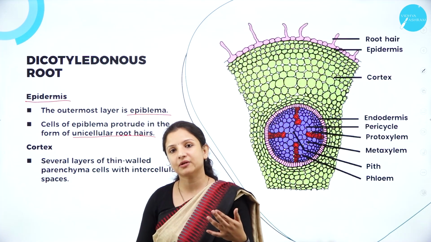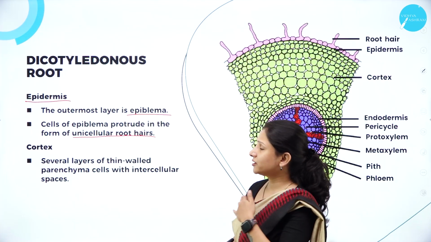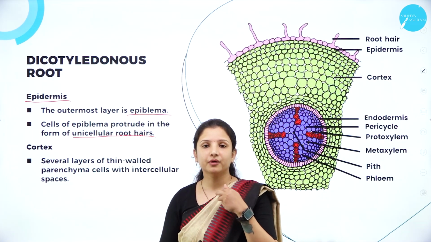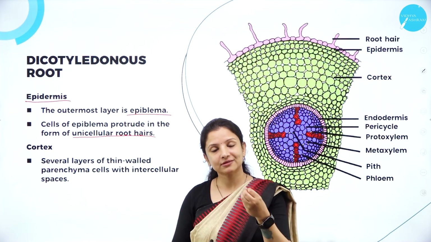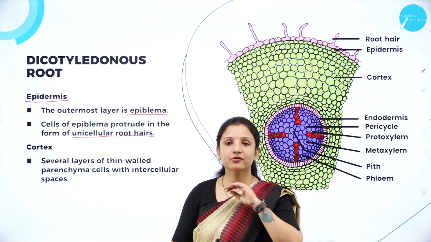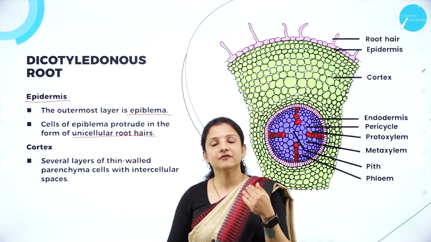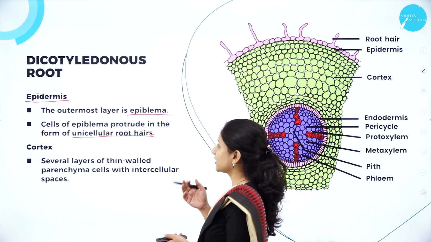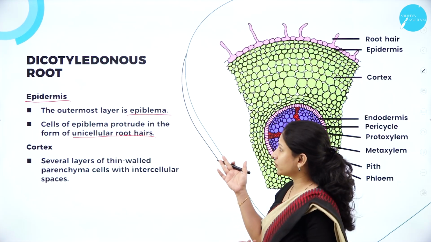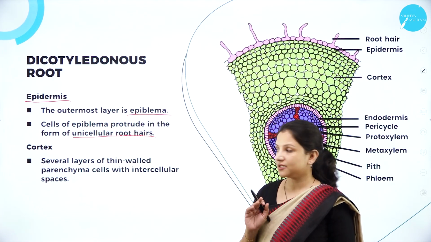Trichomes are the hairs that are present on the stem. In the stem of a dicotyledonous plant, they do not have root hairs, but instead they have trichomes, or on the leaf it is called trichome, and they can be multicellular. But in the case of dicotyledonous root, the root hairs are unicellular, wherein they are made up of a single cell.